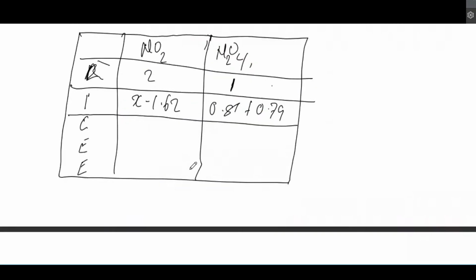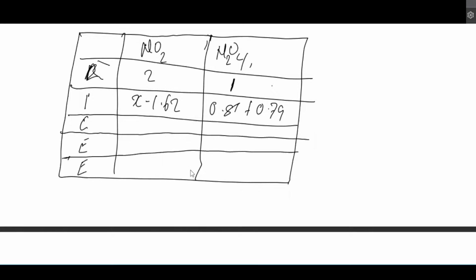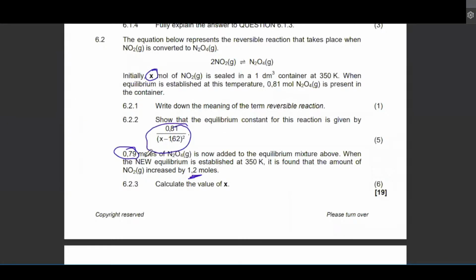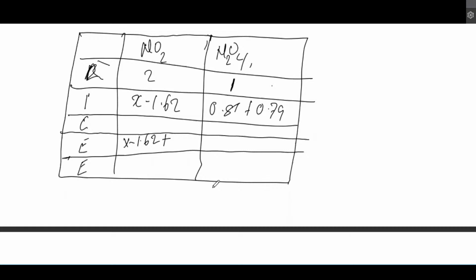So it increased. Let me first draw a line. At the first, it was like this. So it's going to be x minus 1.62 plus what was added? They say 1.2.